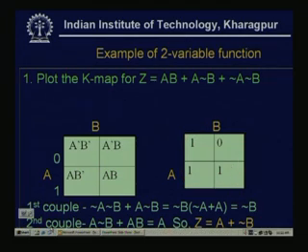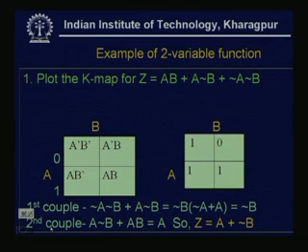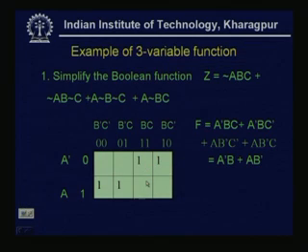Now, today we see how this rule is applicable for a 3 variable function. Again we take one 3 variable function. The function is a bar b c plus a bar b c bar plus a b bar c bar plus a b bar c.